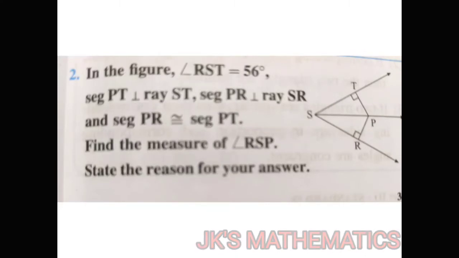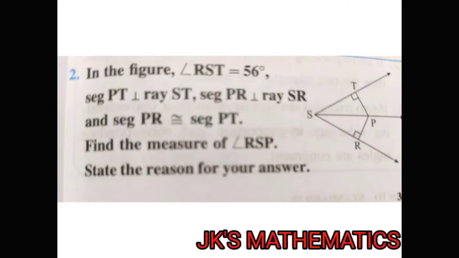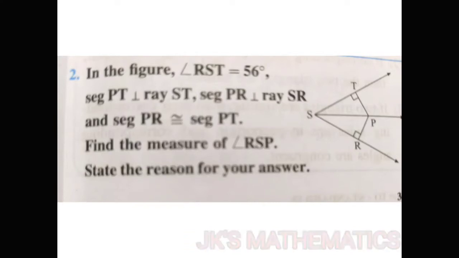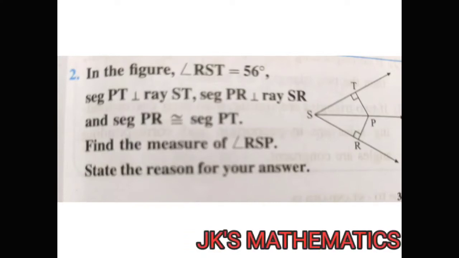In the figure, angle RST is 56 degrees, segment PT is perpendicular to ray ST, segment PR is perpendicular to ray SR, and segment PR is congruent to segment PT.